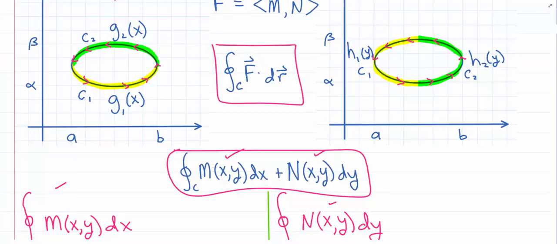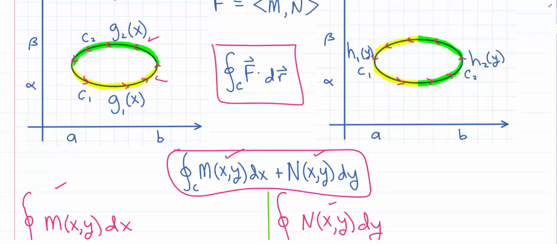For this first one, I've got g1 of x being this yellow part down here, and then g2 of x being this curve up here. So in other words, I've got C1 and C2, and I'm going to do the integral for C1 and the integral for C2 and add those up, and that will be all of C.